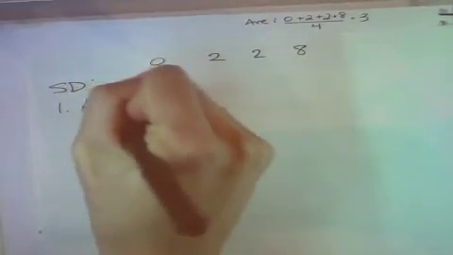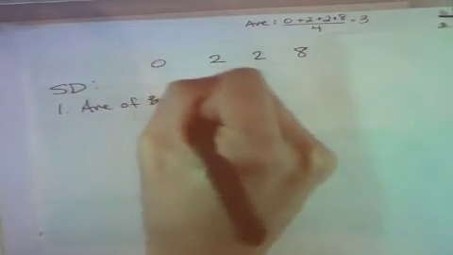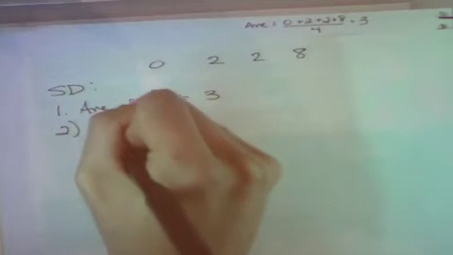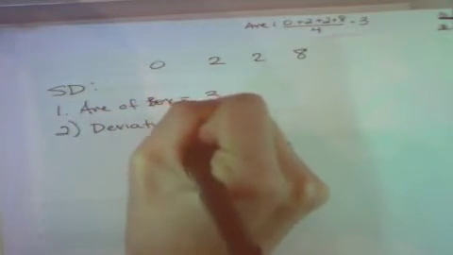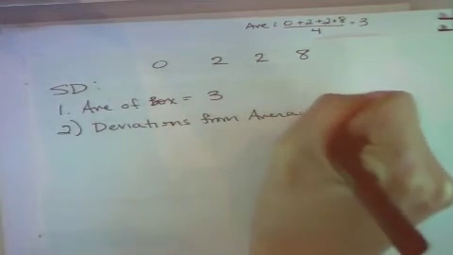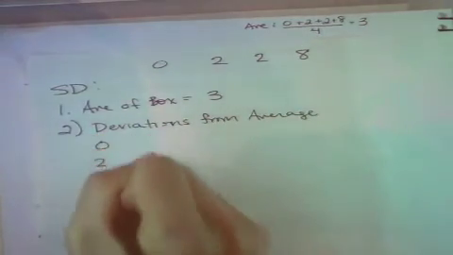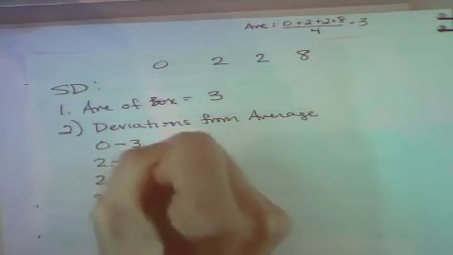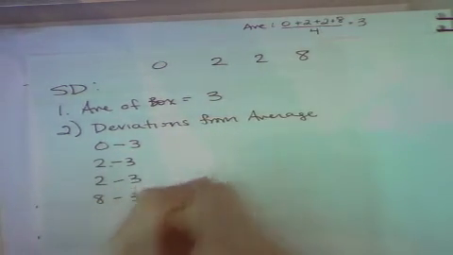So step 1 is find the average of the box, which we said was 3. Step 2 is take the deviations from average. So we've got a ticket that says 0, 2, 2, and 8. Deviations from average is how far away they are from that average of 3. So we're going to subtract 3 from each of them.